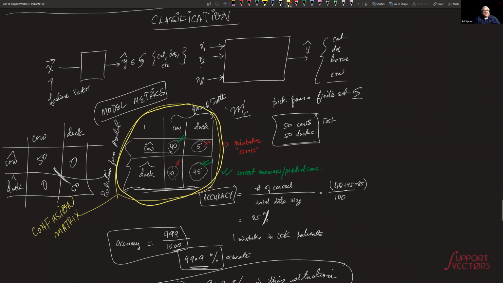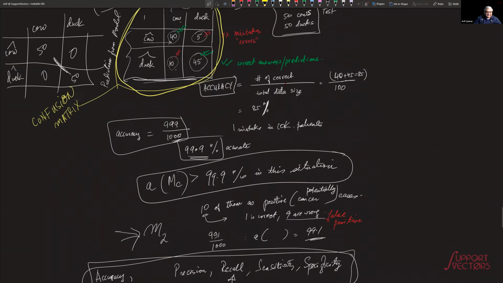You're training them, you're teaching them, and they're still making mistakes. A 2-year-old child can confuse a cow for a duck and a duck for a cow. So you look at the accuracy measure, how many you got right. Accuracy is how many you got right versus how many you did not get right.